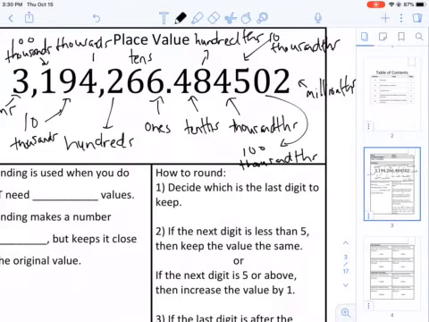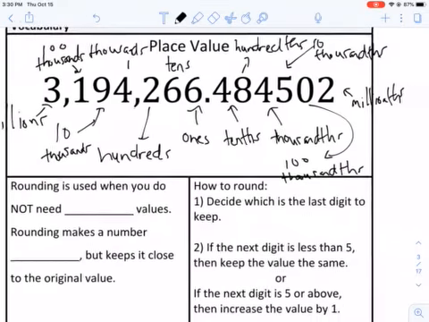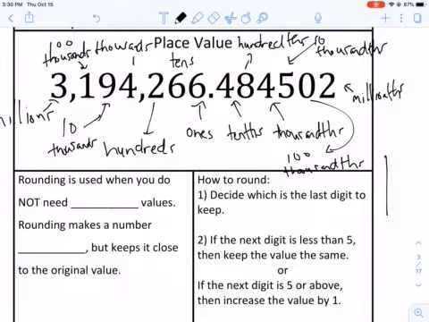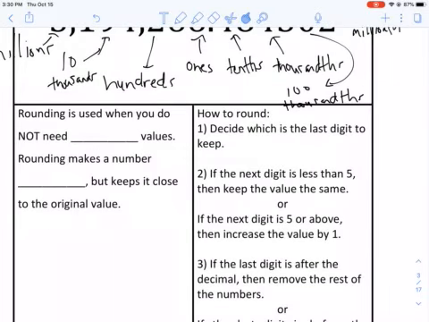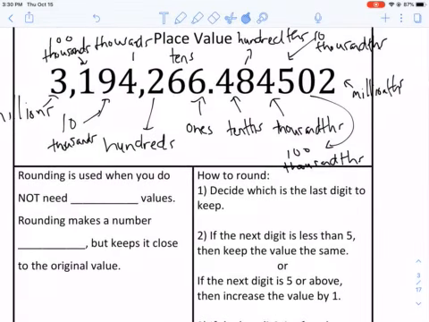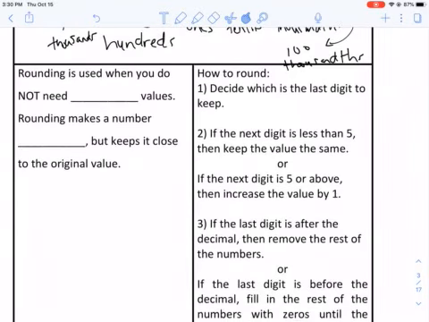Now, some rules for rounding. When we're looking at rounding, we're just checking out the last digit we want to keep. So they might say round to the tenths. So we would keep this one. To round, we look at the number right after it. If the number is less than 5, so between 0 and 4, it stays the same.